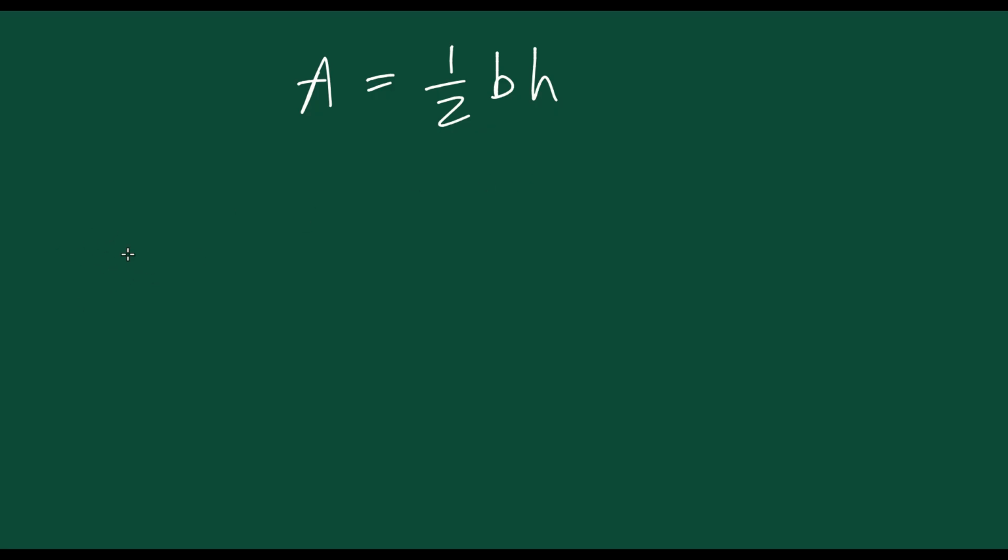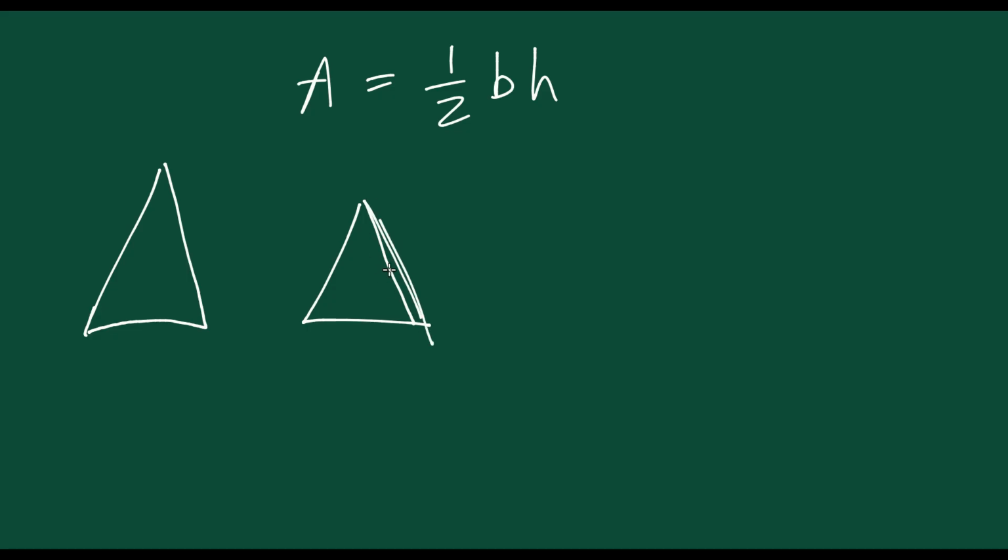So imagine we have 3 slices of pizza. This is slice 1, and then slice 2, something like that, and then slice 3 is going to be similar to slice 1.